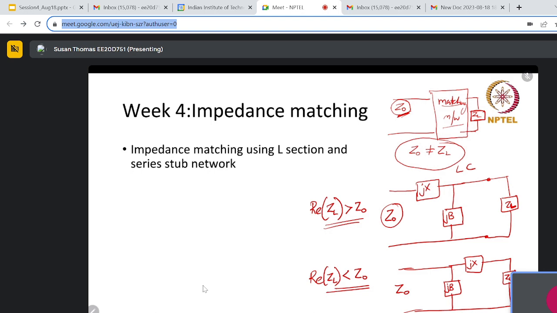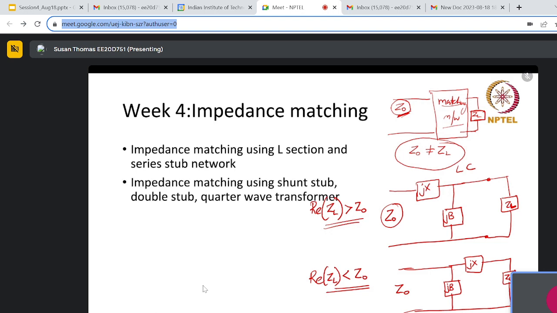We also had short discussions on the series stub, the shunt stub, the double stub and the quarter wave transformer. I hope you remember what a shunt stub was. Say you have a transmission line of characteristic impedance Z0.